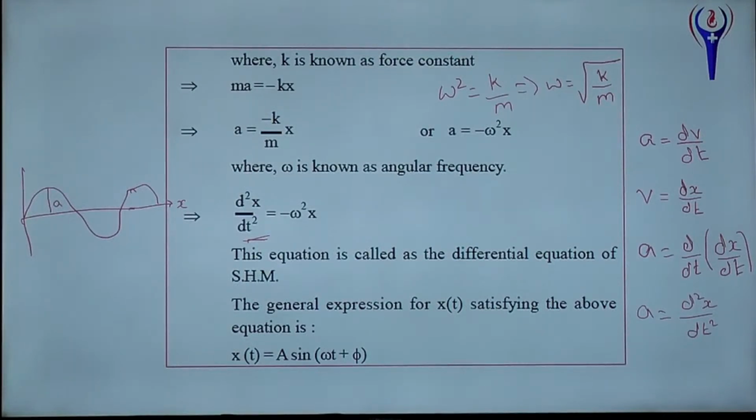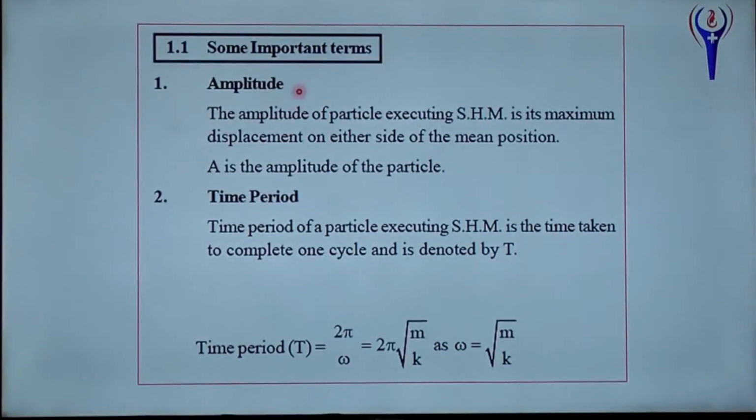Then this is the formula, that is, displacement of a particle at time t is equal to A sin of omega t plus phi. Some important terms we want to learn for oscillatory motion. The same thing applies for waves also, in the next chapter. Here we will say oscillation, there wave.